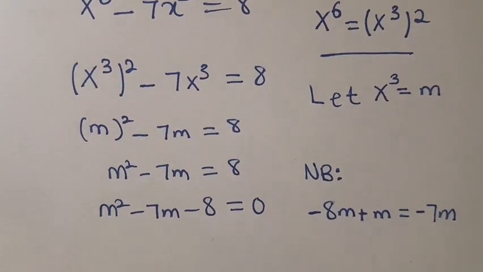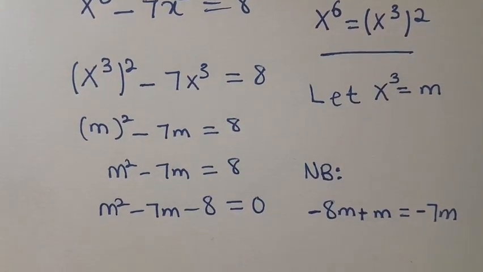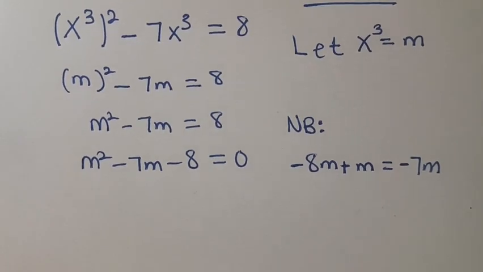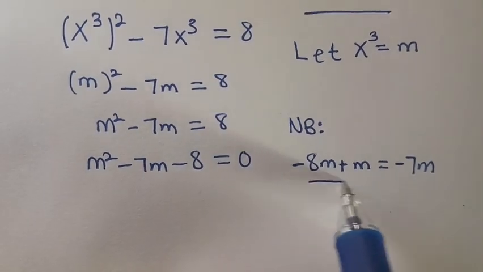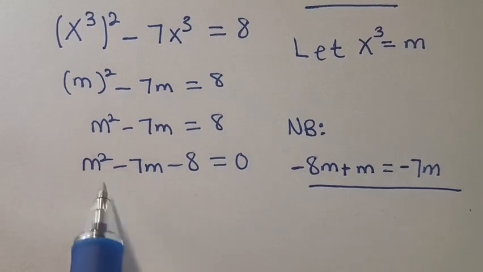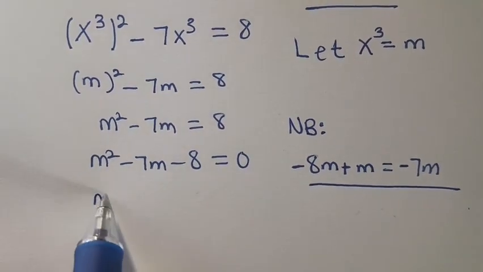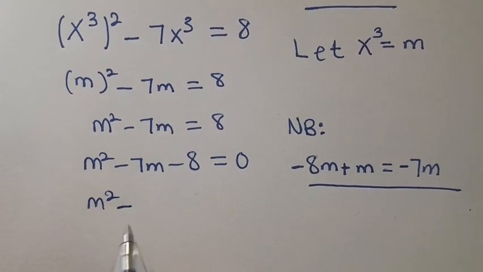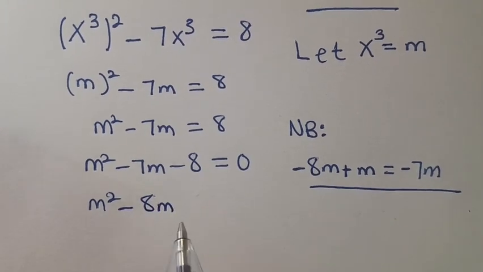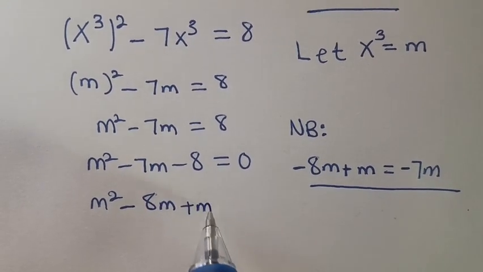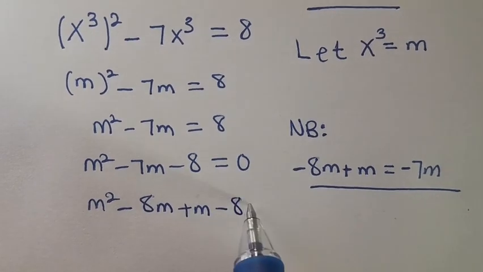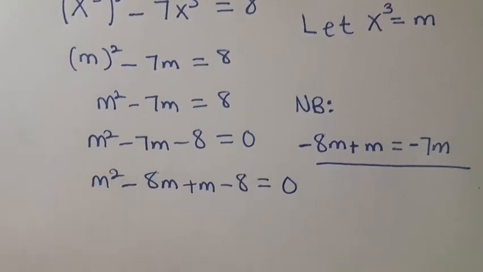This is true. Now guys, let's substitute this here in order to do something reasonable. Then we have it to be m squared minus 8m plus m minus 8 equals 0.